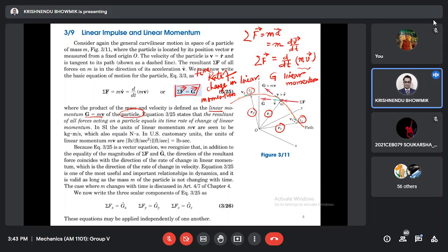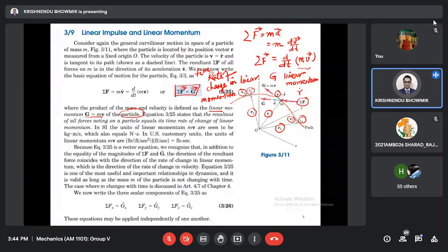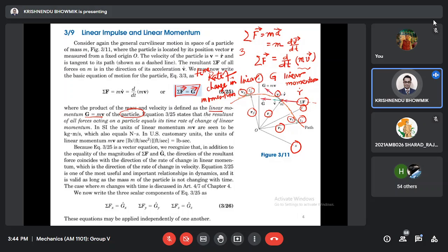The path tangent is the velocity, v1, v, v2, and this v is nothing but r dot, the derivative of the position vector. Now we have applied summation F like this, and the resultant force is acting along these directions, with x axis, y axis and z axis. We are resolving the 3D case.